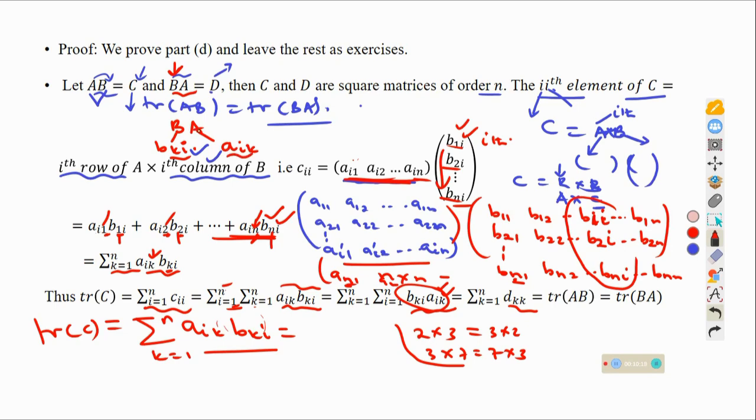This will be the column within this, and this will be the row within B. So what you are getting here is simply the product, which we can call d kk. This product is the product from B times A. From that, we can easily realize that this one here is the trace of AB, which is the same as the trace of B times A. So that can be easily proved.